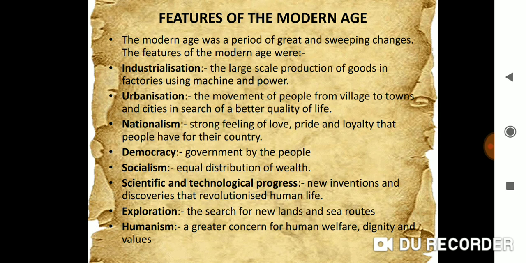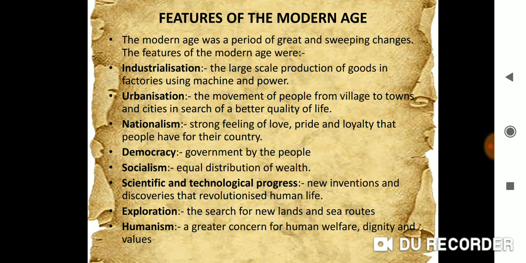Number 1, industrialization: the large scale production of goods in factories using machines and power. So industrialization is basically when large scale production occurs by the use of machines and power. This is called industrialization, and it is a basic factor of the modern age.